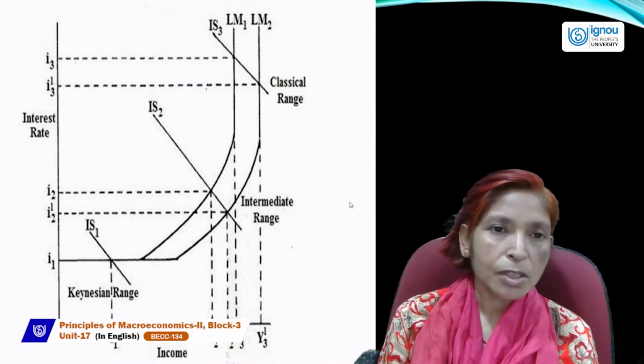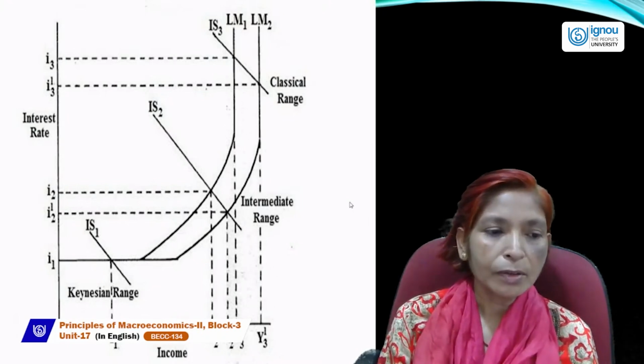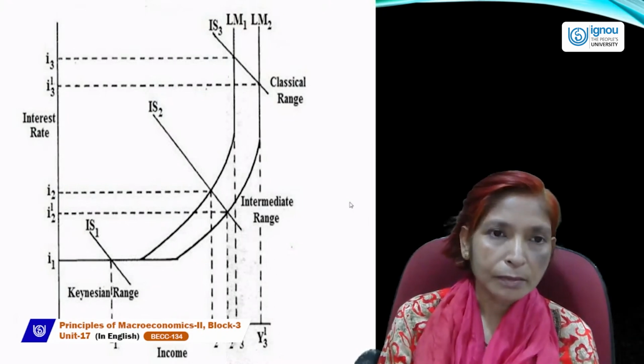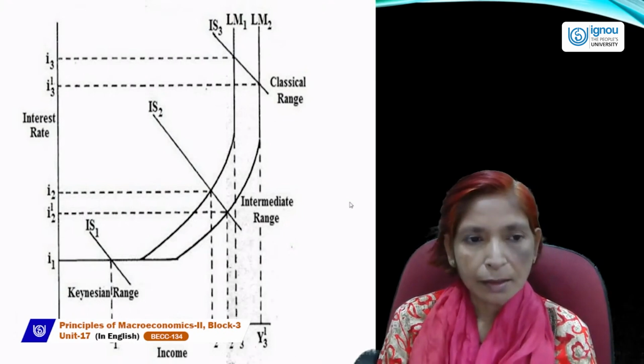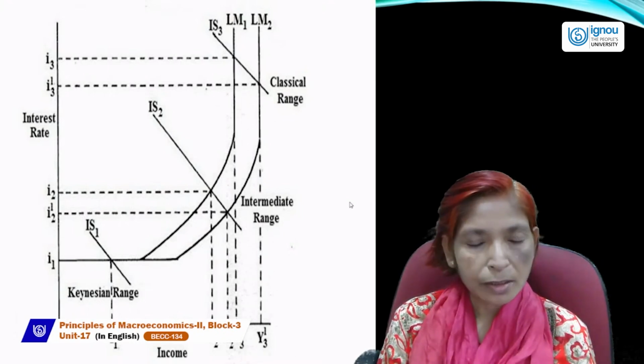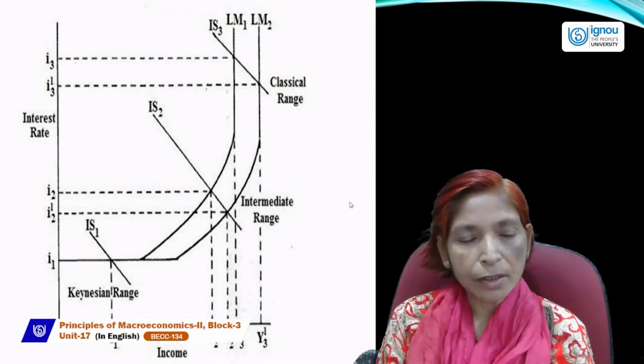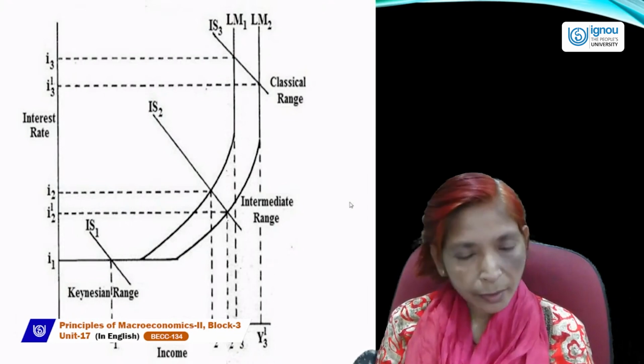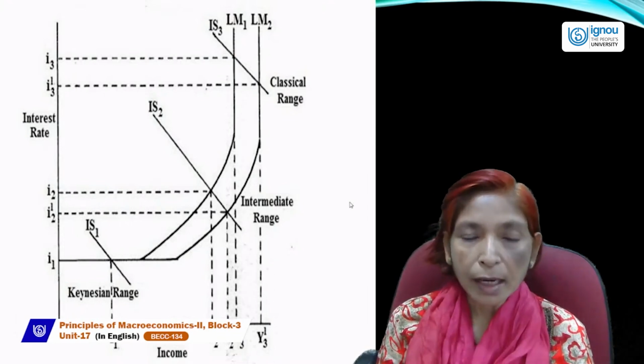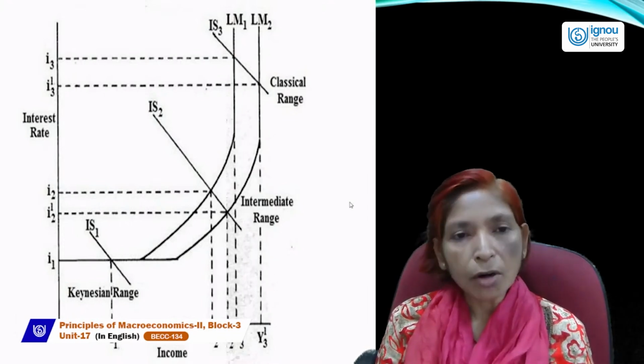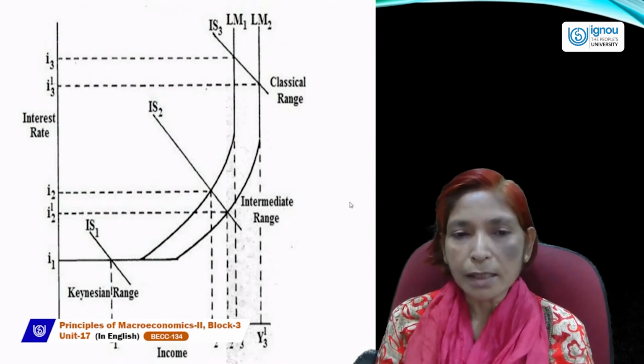In each range, we have drawn an IS curve. One is IS1 in the Keynesian range. The second IS curve is drawn on the intermediate range, and the third IS curve we can draw in the classical range.